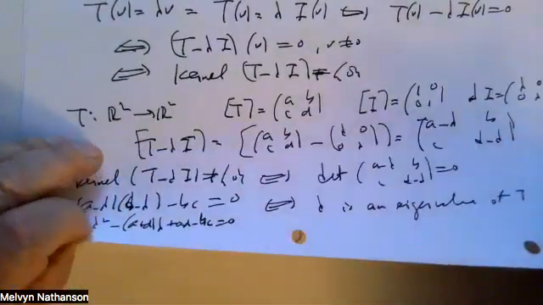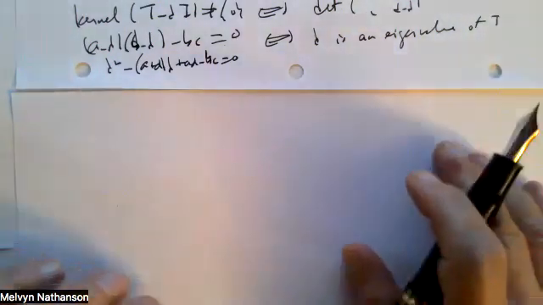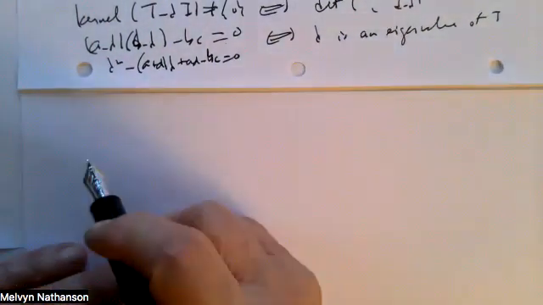So this is a very nice argument that tells us a huge amount about 2x2 matrices and linear transformations on a two-dimensional space.